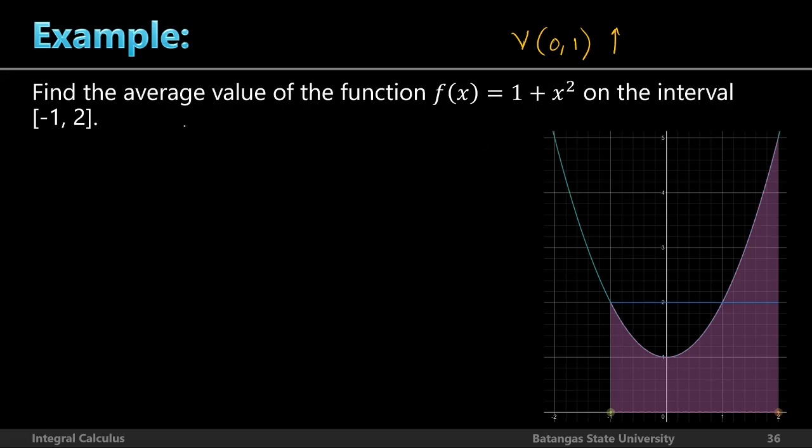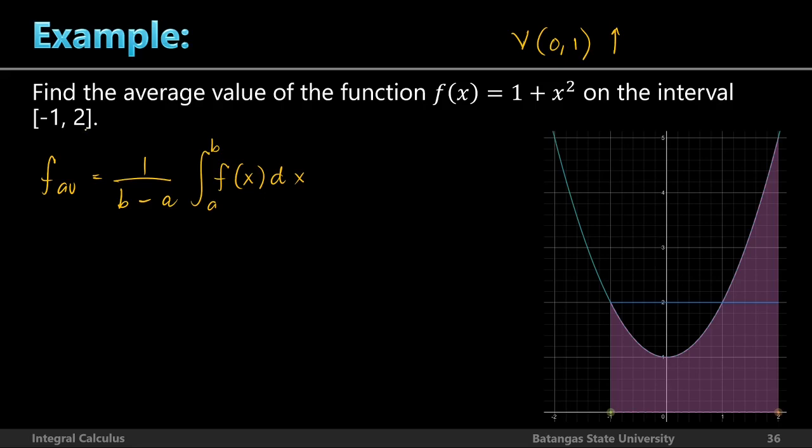Now, remember that in finding the average value of the function, we use the formula f of x average is equal to 1 over b minus a times the integral of the given function f of x dx from a to b. So, in this problem, our interval is -1 to 2.